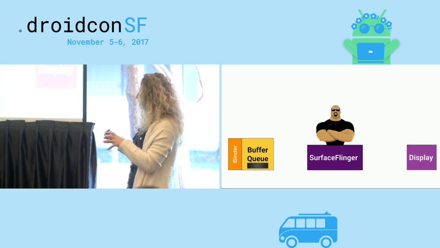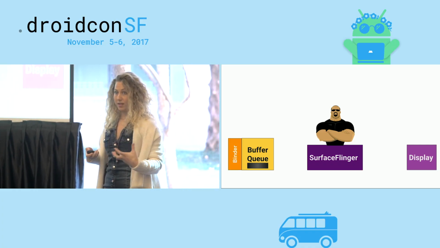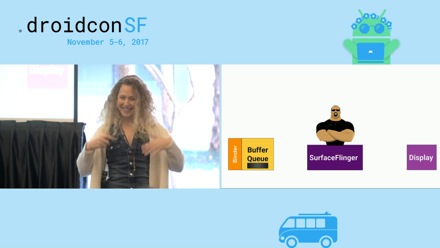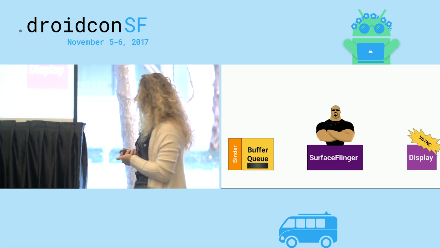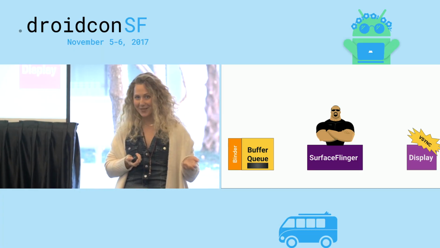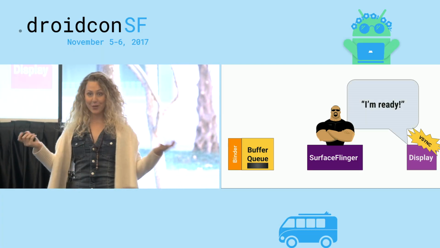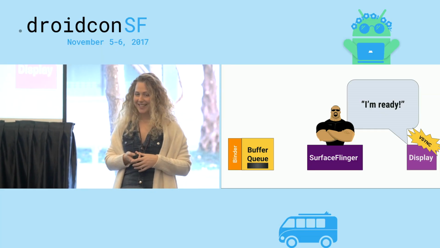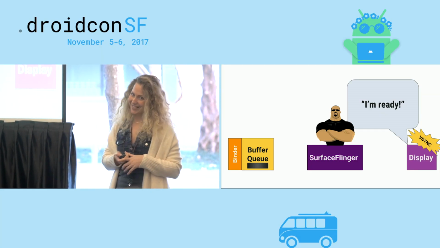Awesome. Now the buffer queue holds this buffer. And then the display wakes up, because she had a vsync, so it's a good morning for her. And she says, OK, guys, listen, I'm ready for a new frame. Bring it on. So Surface Flinger, a very tough dude, listens to her.